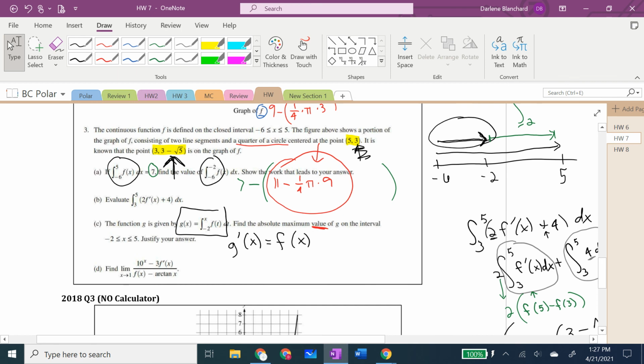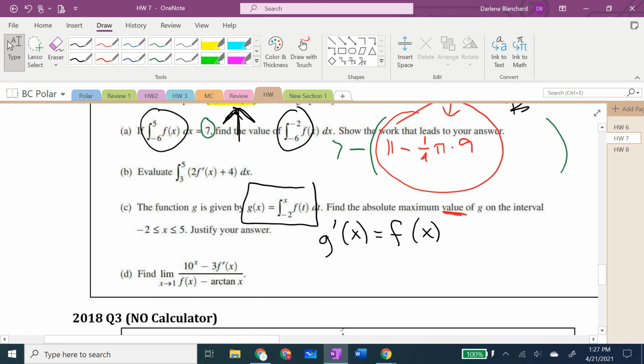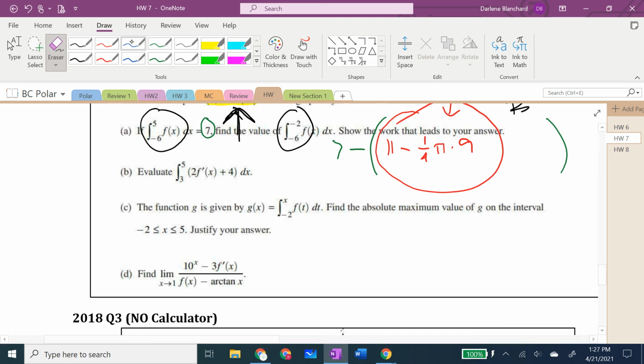And so that is part C. Part D, I'll bet that's a L'Hopital, but let's see. If I plug in 1, if this is L'Hopital, I'm going to have to do the limits separately anyway. So limit as x approaches 1 of 10 to the x minus 3 times f prime of x. What does that equal to?